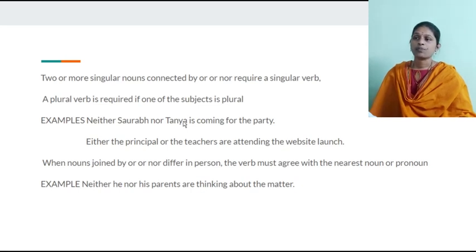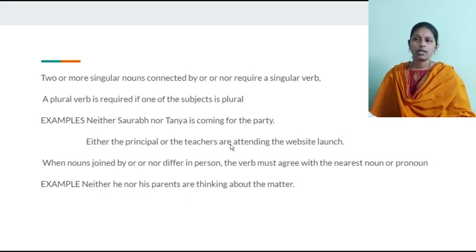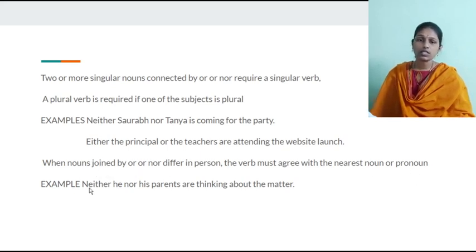And either the principal or the teachers are attending the website launch. Here the principal is singular, the teachers plural. Are attending is the verb. The nearest noun is teachers, which is plural, so we used a plural verb here. When nouns joined by or, nor differ in person, the verb must agree with the nearest noun or pronoun. See, neither he nor his parents are.